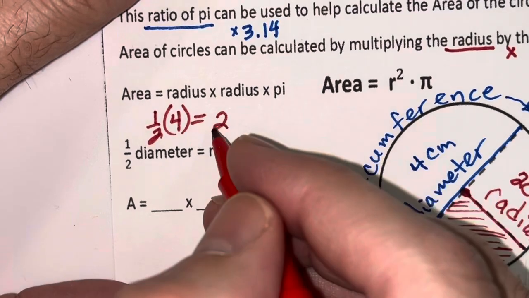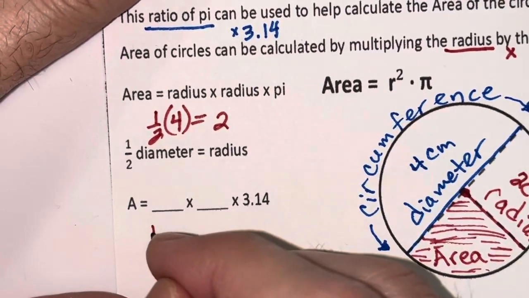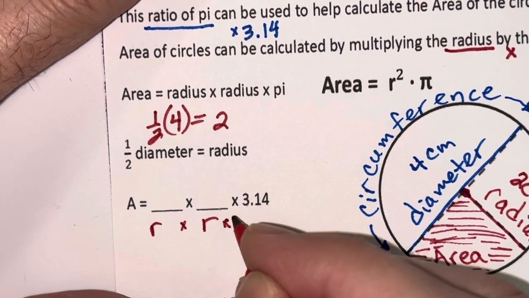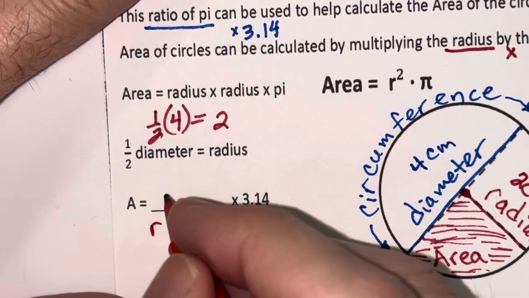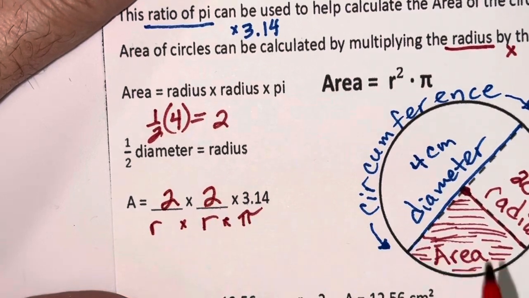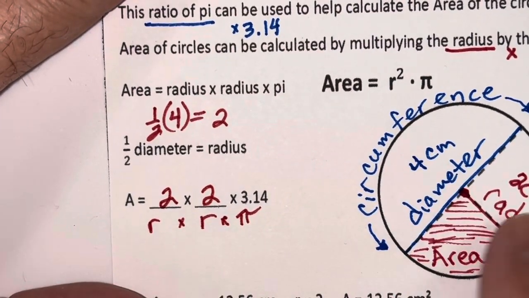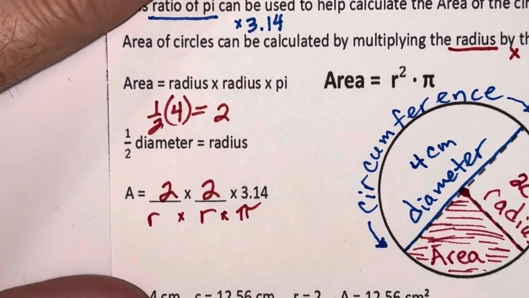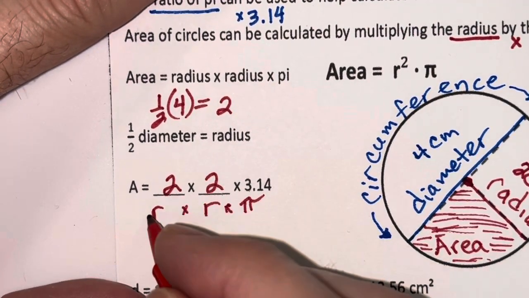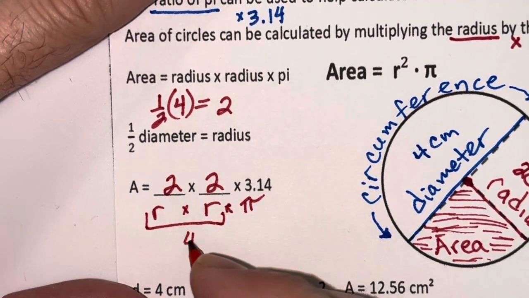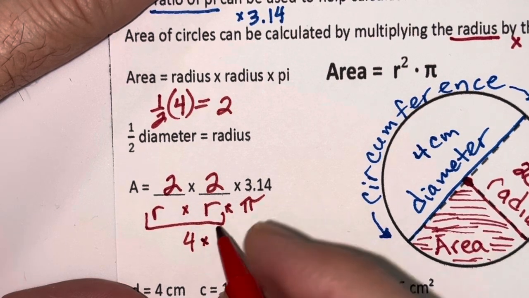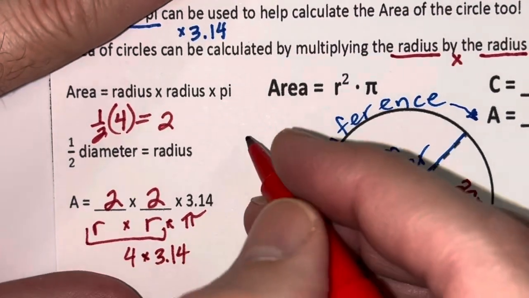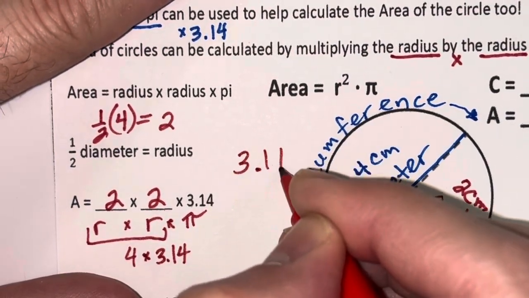So now that we have the radius, r times r times pi will tell us how many square units it would take to cover this entire circle. So doing the first two things, radius times radius is going to be 4, and then pi is 3.14, and there's a little space here in the middle, so we can set that up.